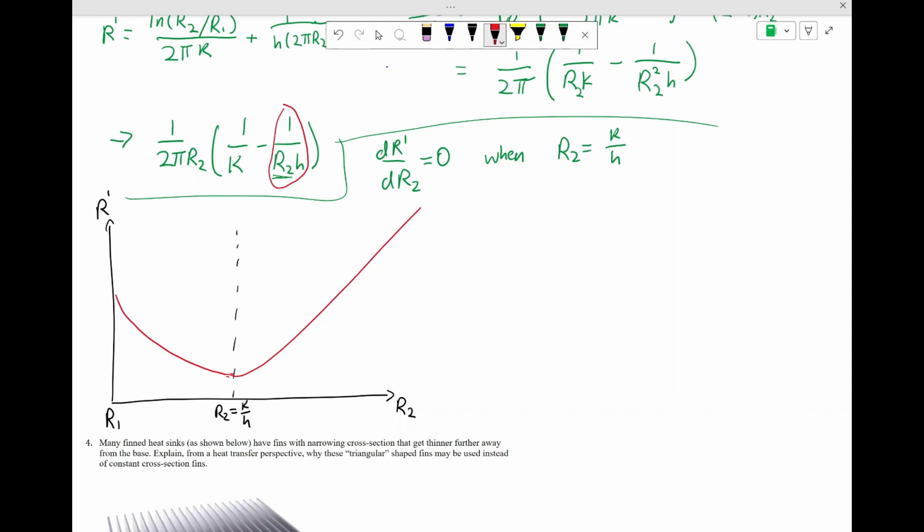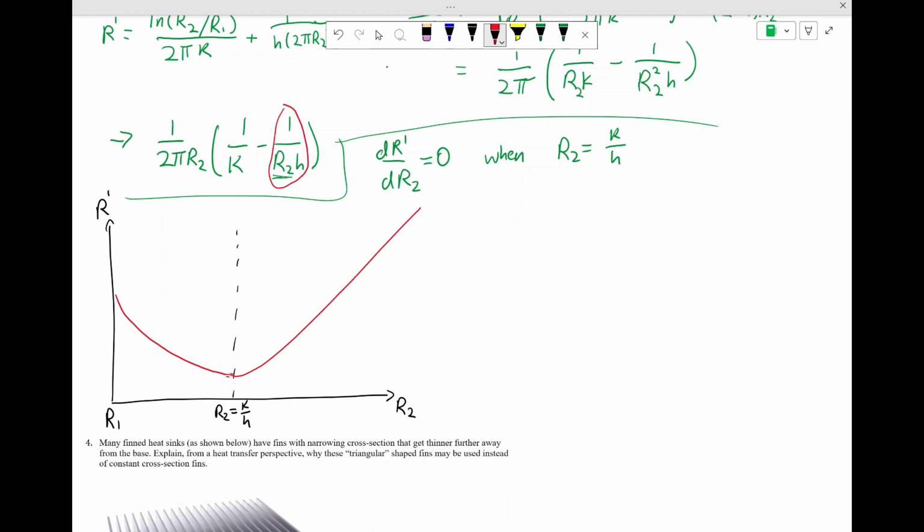So in other words, if you have too thin of a layer of insulation, so in other words, if R1 is small to begin with, and you increase that a little bit, you'll actually increase the overall heat transfer rate. But then once you go beyond this threshold, increasing R2 will just increase the overall insulation or overall thermal resistance.